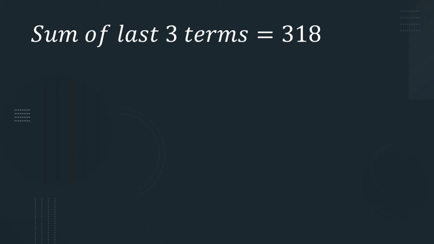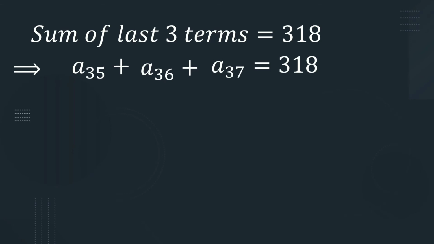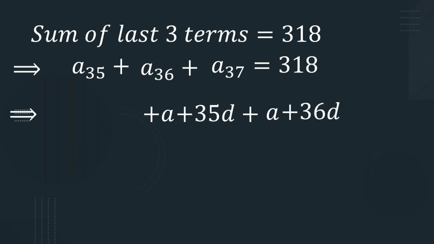Sum of the last 3 terms is 318, that is a35 plus a36 plus a37, since 37 is the last term, equal to 318. a37 is a plus 36d. a36 is a plus 35d. a35 is a plus 34d, that is equal to 318.